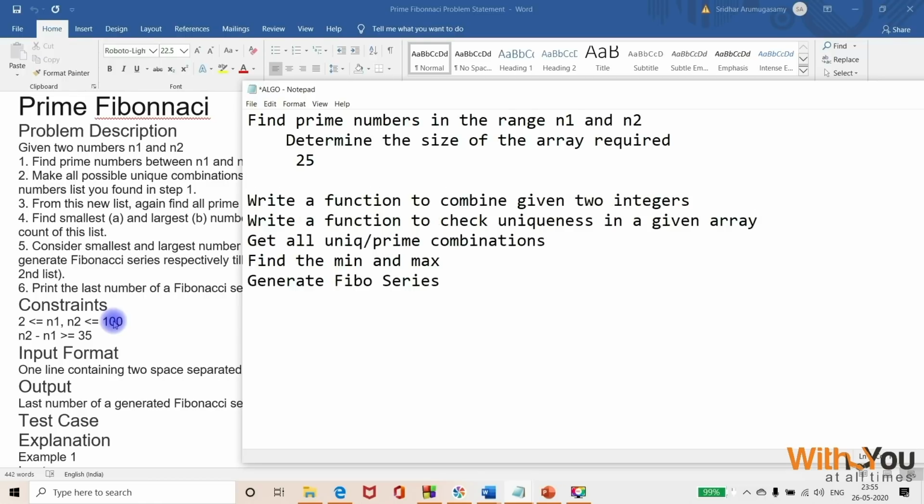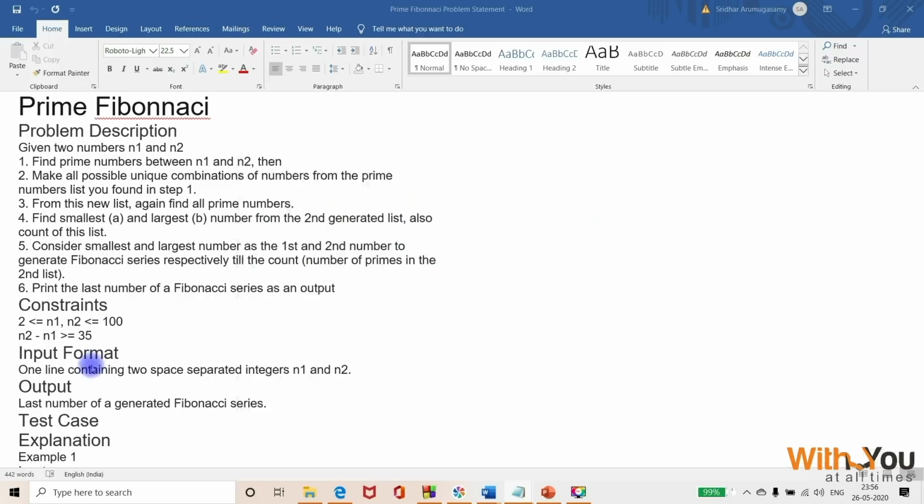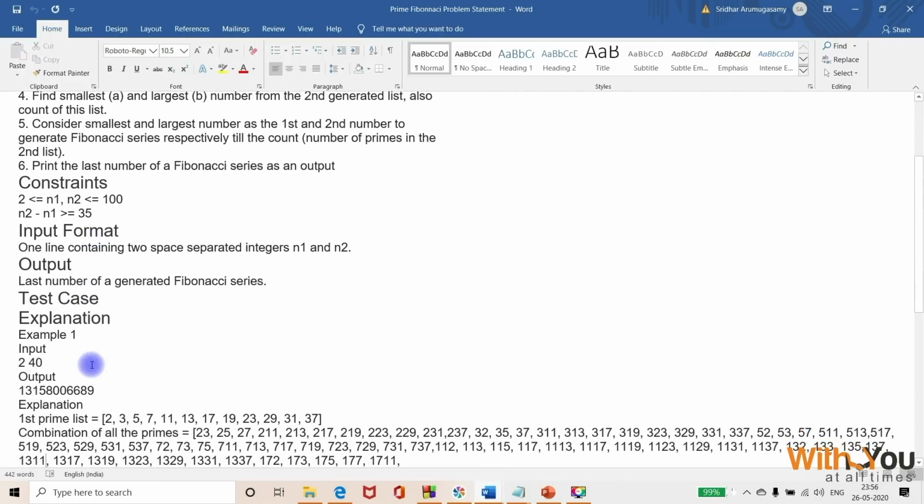One option. Second option, why are you bothered about the entire range? Look at the range. What is the distance between N2 and N1? For example, for 2 and 40, what did they give us? 40 minus 2, so it's going to be 38.